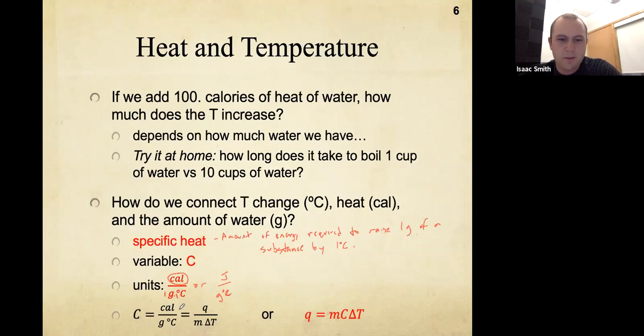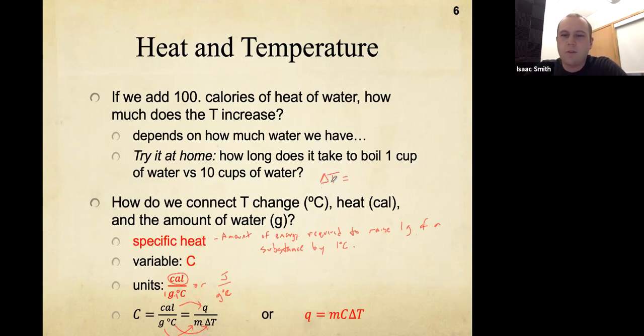So calories we can represent as heat, because a calorie is just a unit of heat or a unit of energy. Grams is whatever the mass is, and then degrees Celsius is going to represent the change in temperature. So when you see this delta T, it represents temperature change. Whenever you see delta, that means the change in something.